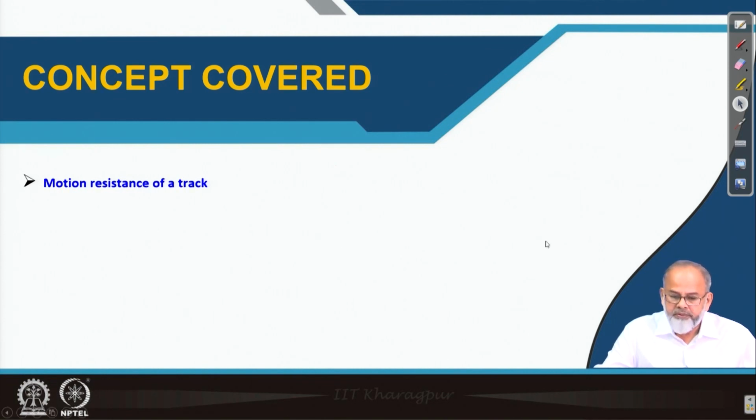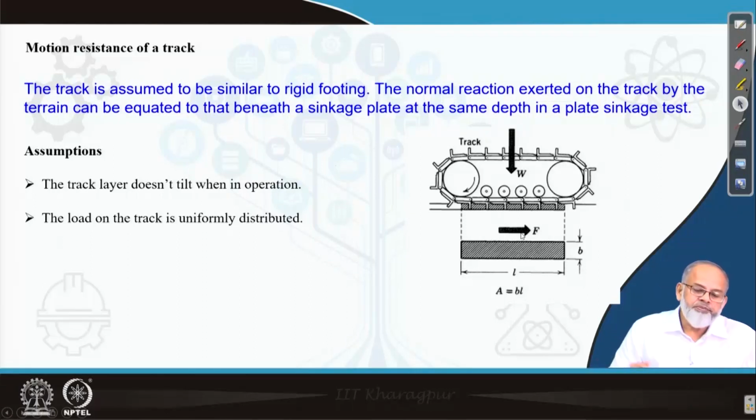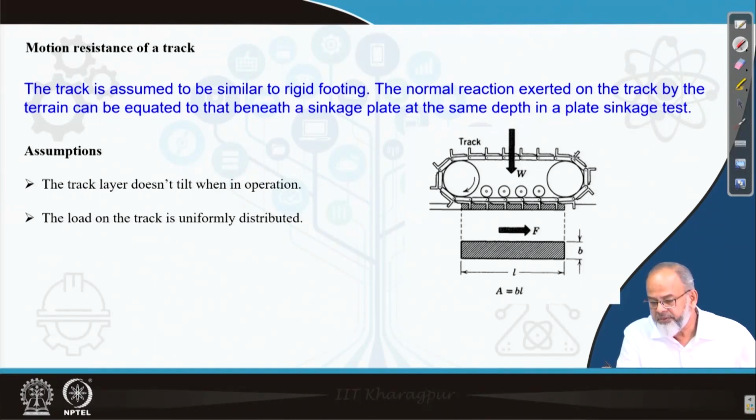So the track is basically assumed to be similar to a rigid footing, and if you look at the right side figure, there I have indicated a track. It will have certain amount of lugs, but the lugs are not that prominent as in case of a wheel. So it has certain width which is not visible in this diagram.